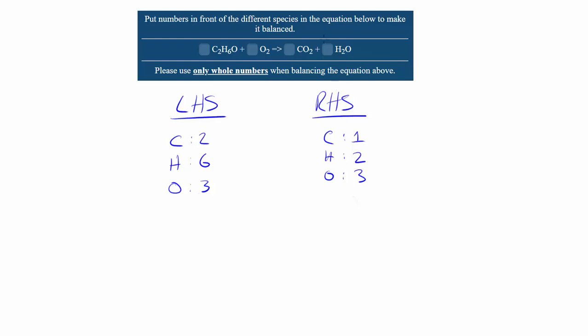So carbon occurs in the CO₂ on the right-hand side, and it occurs less, as you can see. So I'm going to put a 2 in front of the CO₂ in order to get this to be 2. But we know that that's also going to affect the quantity of oxygen. But let's see what that looks like as an equation.